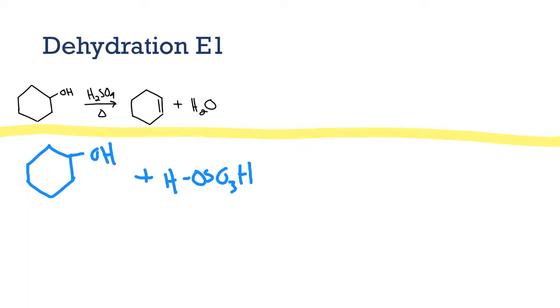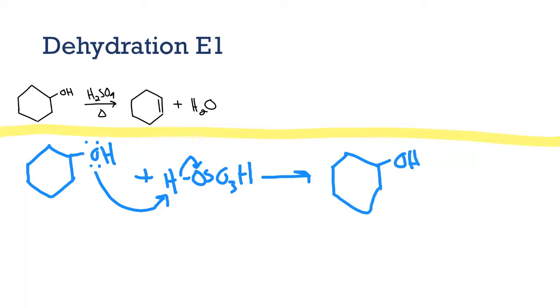Okay, so I'm going to protonate with that sulfuric acid. So that OH group will take that hydrogen, this bond will break, and now I have water here. Okay, so now we can proceed with the elimination reaction.